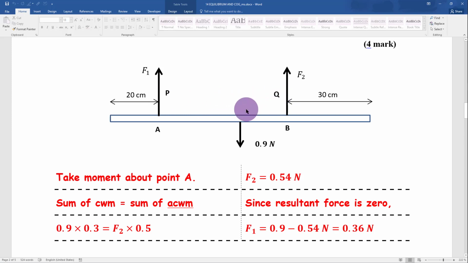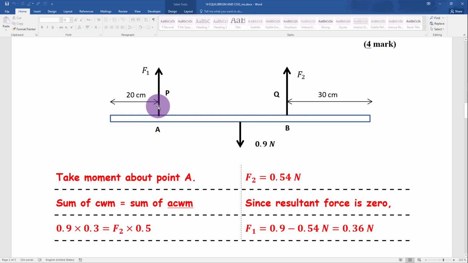Observe that although I know that this distance is 20 centimeters, I don't use 20 centimeters because that is not the distance from the point about which we are taking moments. The distance of this force from the point about which we are taking moments is the whole of this distance. And by the way, I should remind you that when you say take moments about a given point, all distances must be measured from that point.